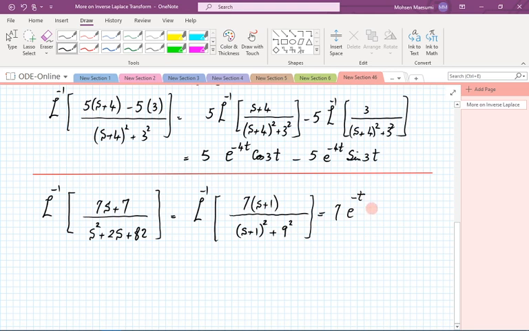Which one is it, sine or cosine? Well, of course, when you have an s here, that's a cosine, so it's cosine of 9t. In your future classes, you are expected to be that quick with Laplace transforms, as opposed to going to look at the table and so on.